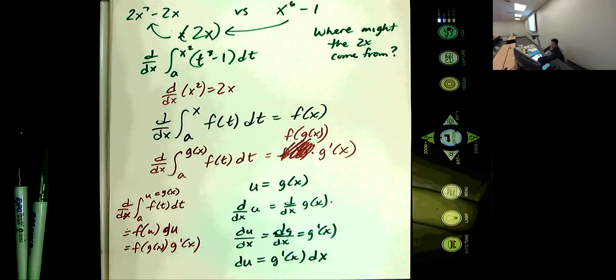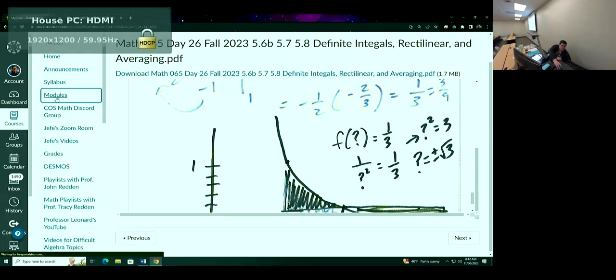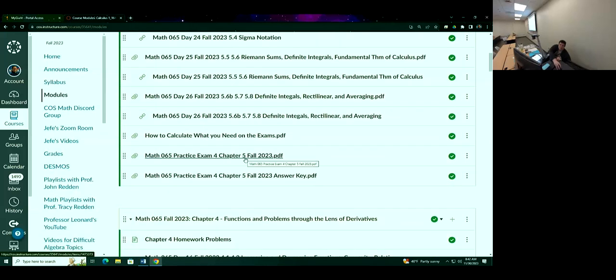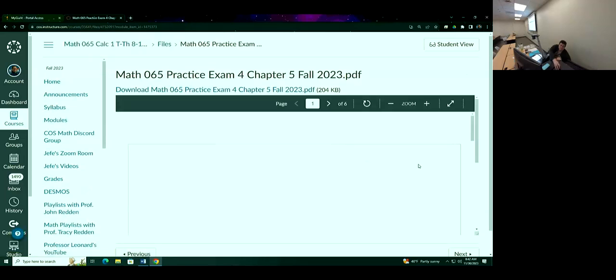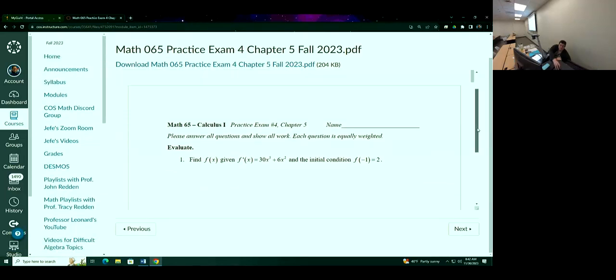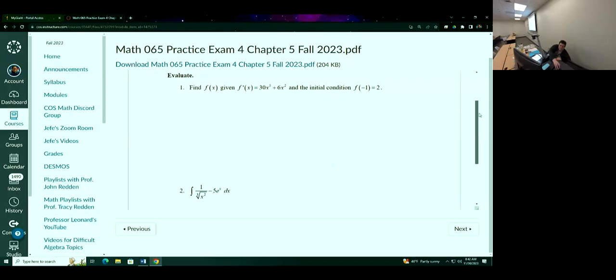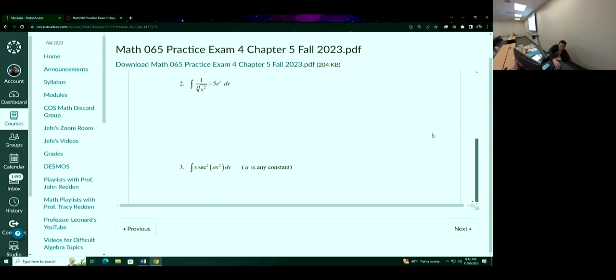You could see Jose just asked which sections are on the exam. There are no Riemann sums. The practice exam with answer key is up in the modules. Let me show it to you real quick. So you've got some integrating with indefinite functions.